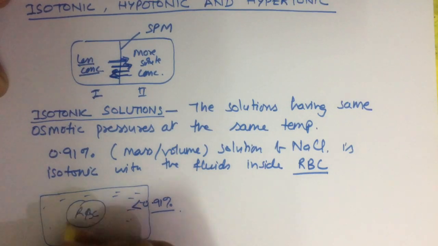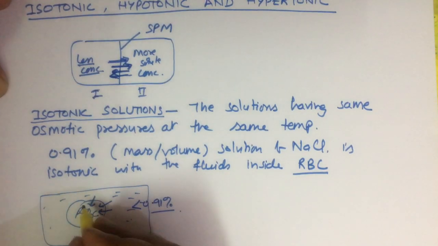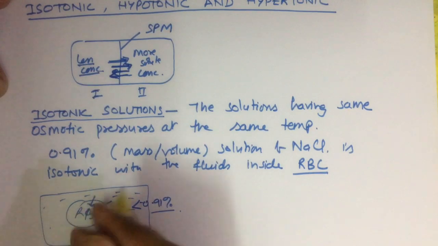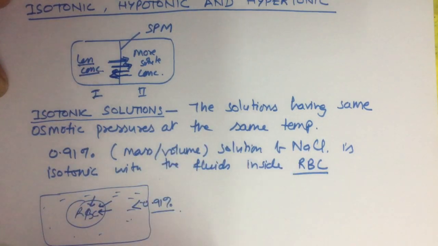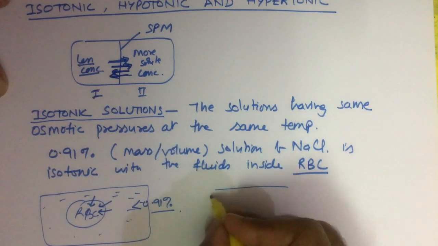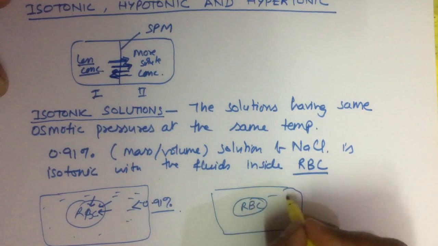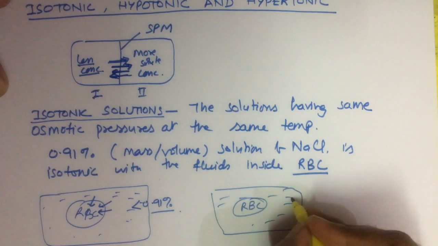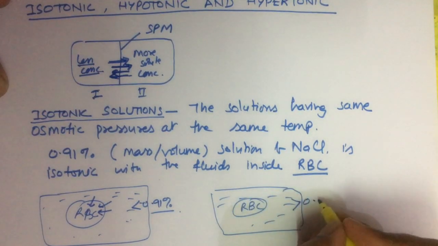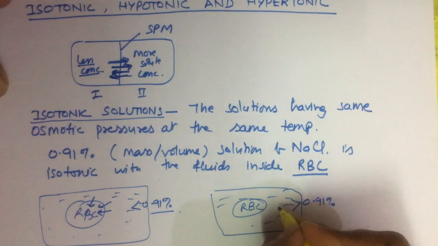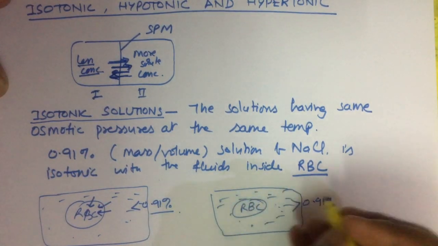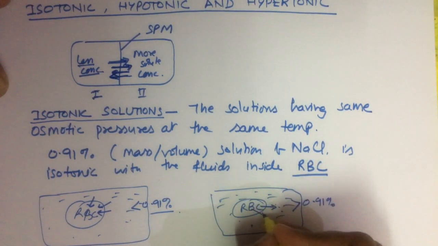So this is again a hypotonic solution, and the water molecules go inside, and ultimately the size of the RBC becomes large and it will burst. On the other hand, if this RBC is placed in a medium where the concentration is more than 0.91%, then the salt concentration is more here, so water molecules will move out. As a result, the RBC will shrink.